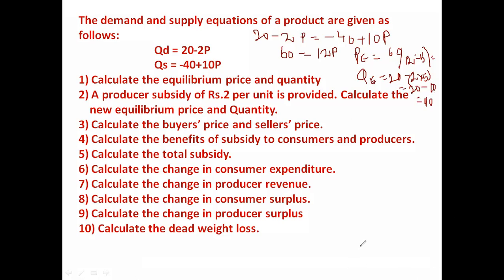So let's go to the next part of the same question. A producer subsidy of ₹2 per unit is provided. Calculate the new equilibrium price and quantity. Listen carefully.